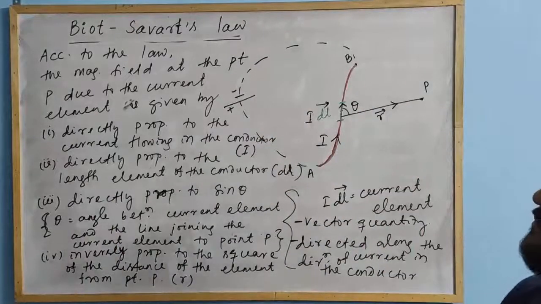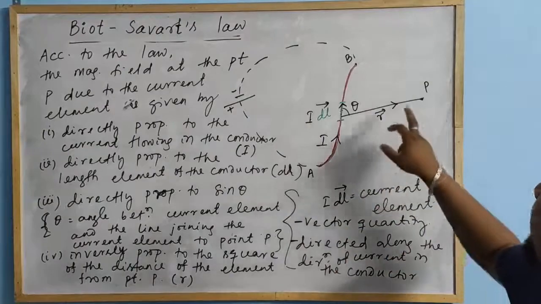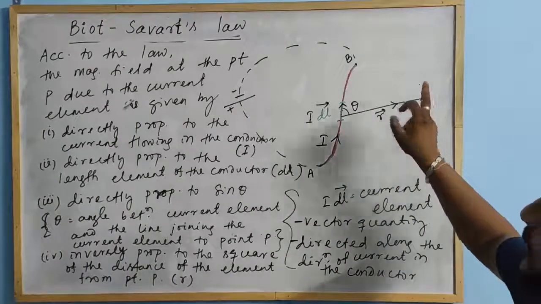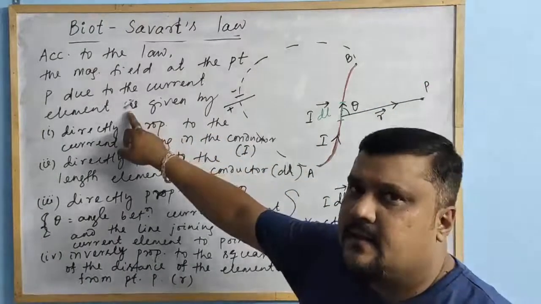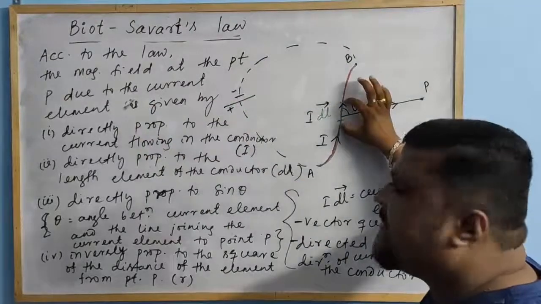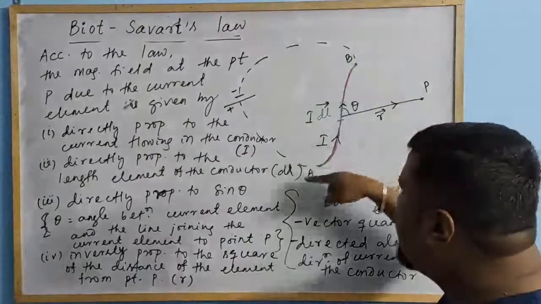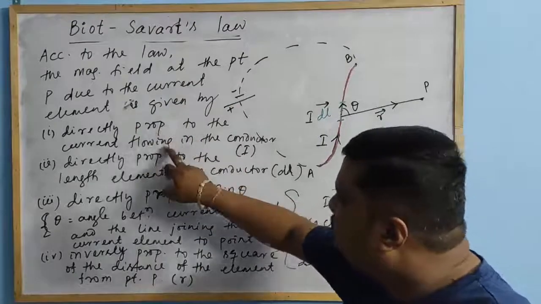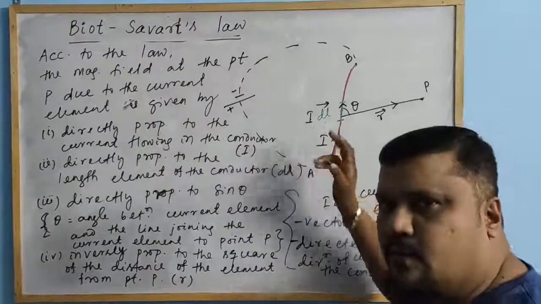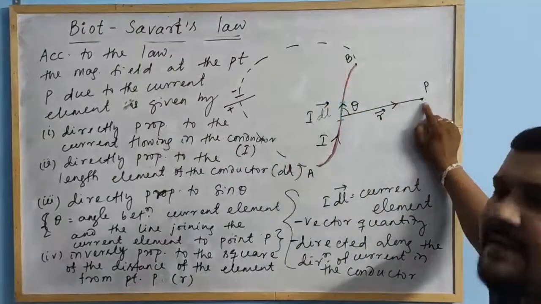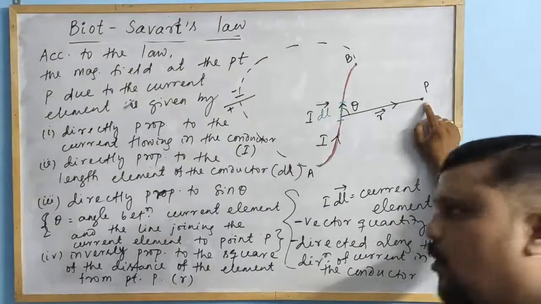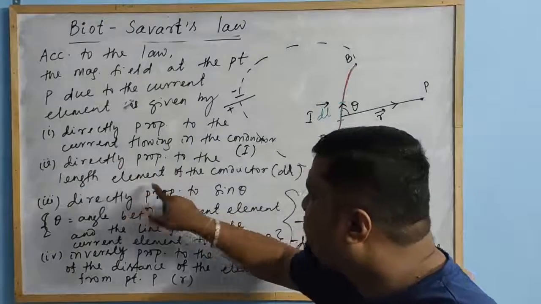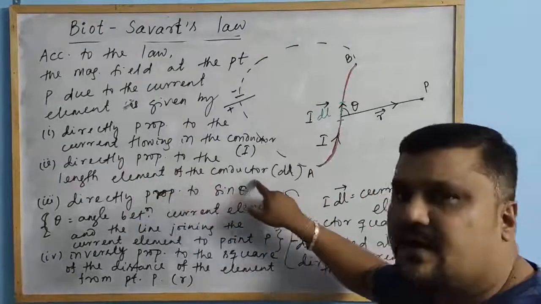According to the law, the magnetic field at the point P due to the current element, I am calculating for the small element. Then I will go for the total current element. One, directly proportional to the current flowing in the conductor. More is the current, the strength of the magnetic field at the point P will be more. Directly proportional to the length element of the conductor.